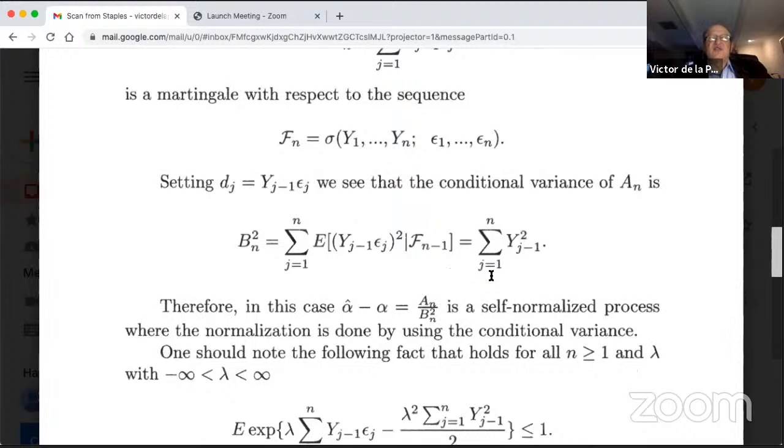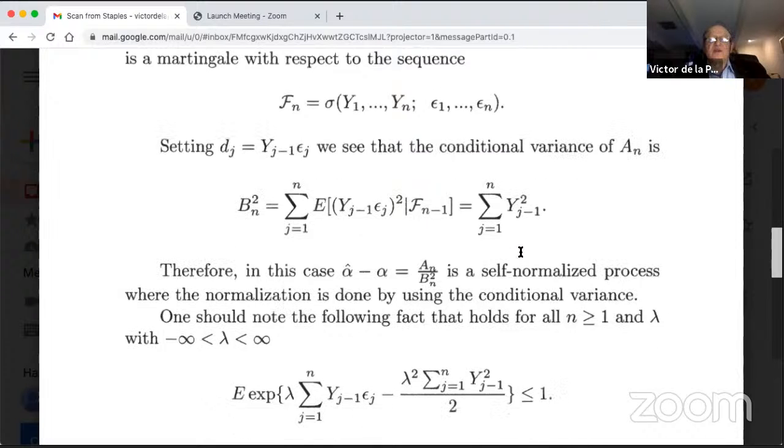If we set dj equal to yj minus 1 epsilon j, and let Bn squared be the sum of the expected value of (yj minus 1 epsilon j) squared given Fj minus 1, that's the sum of yj minus 1 squared. Then alpha n hat minus alpha is equal to An over Bn squared. So we are self-normalizing by this quantity, which is the conditional variance.